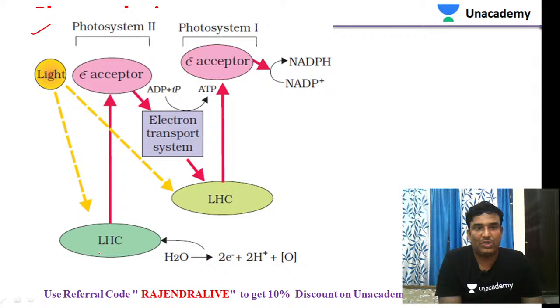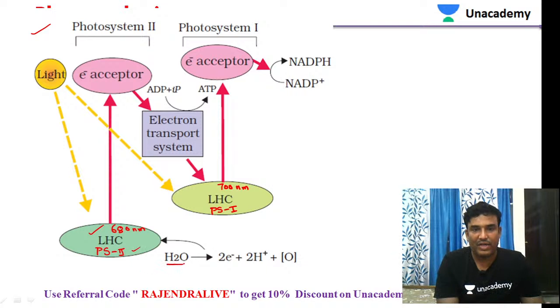Inside it we have photosystem 2, which has a chlorophyll molecule that absorbs light at 680 nanometers. This other light harvesting complex is photosystem 1, which has a chlorophyll molecule that absorbs light at 700 nanometers.